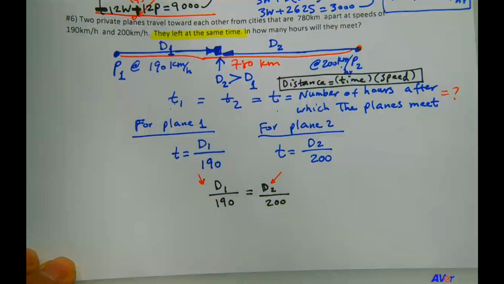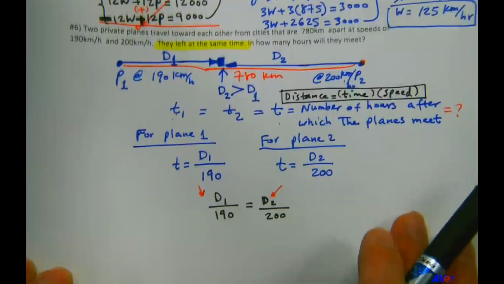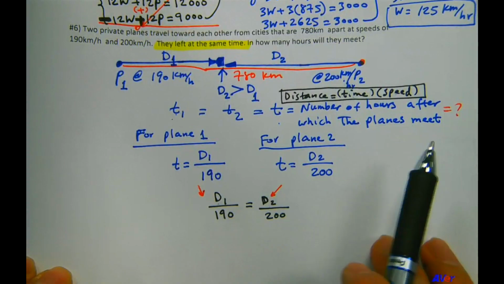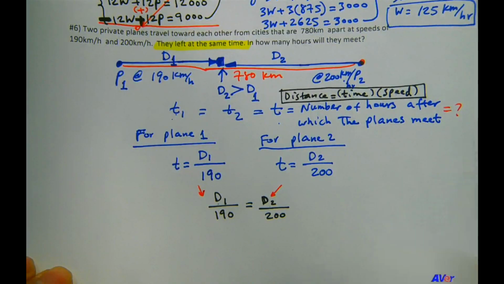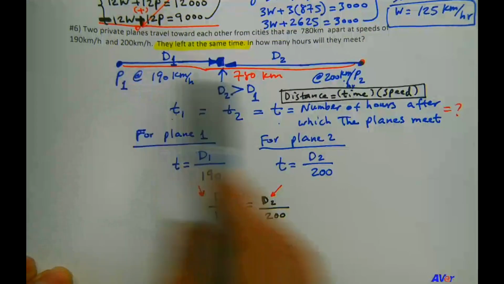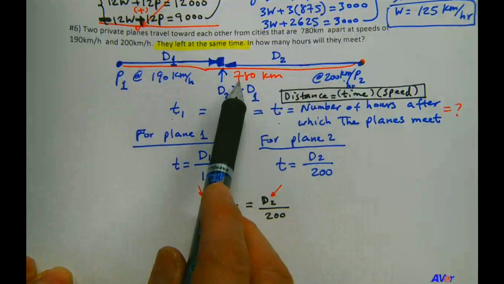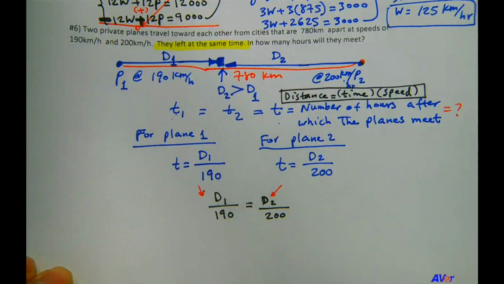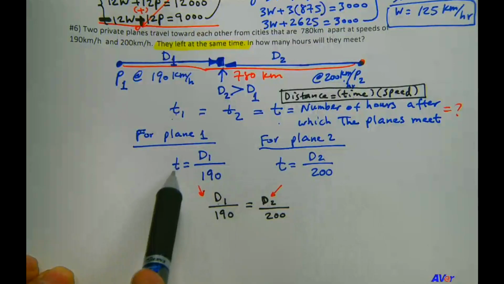We can't solve this. So we must find the relationship between these distances, the distance traveled by plane 1 and the distance traveled by plane 2, right? We know the total distance between two cities is 780 kilometers. So if we know either distance 1 or distance 2, we can solve for T, right?